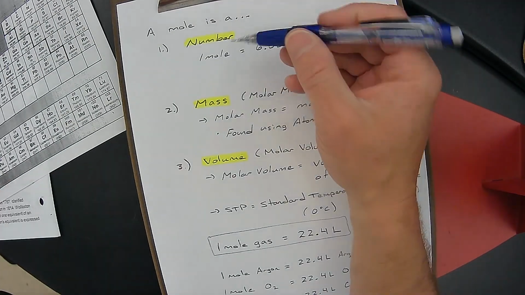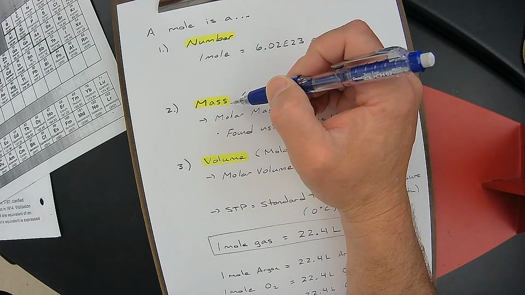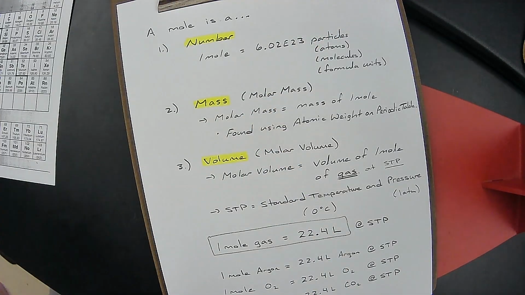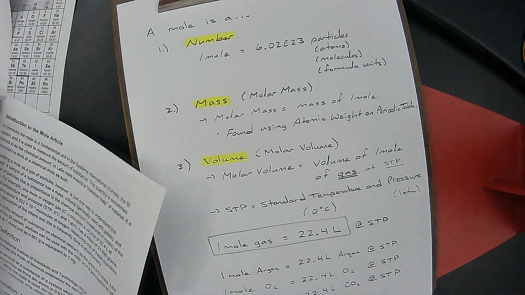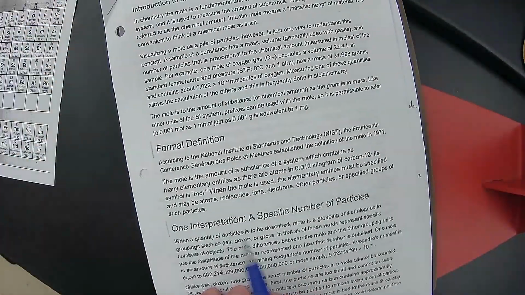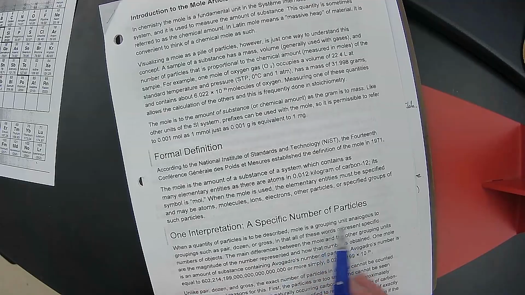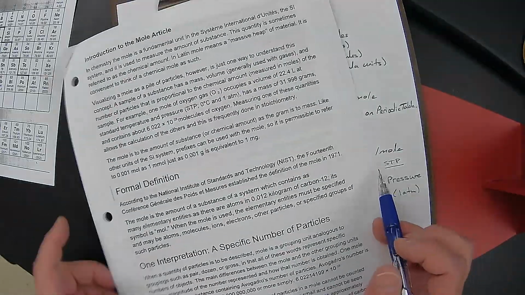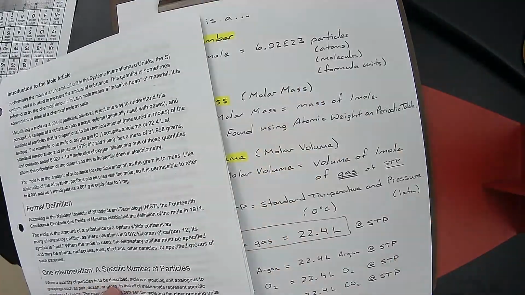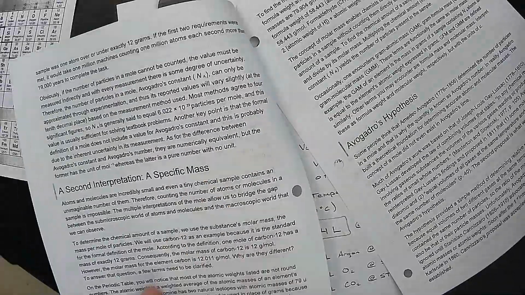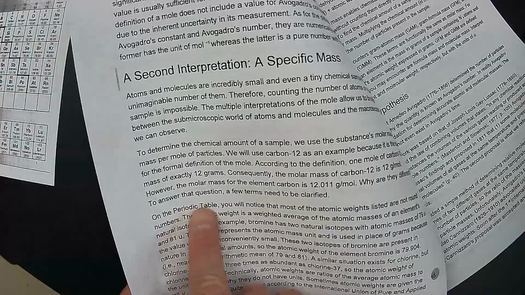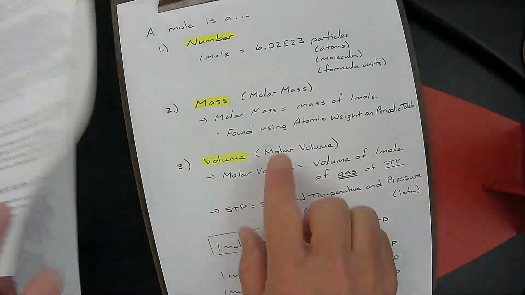So a mole is a number, it's also a mass, and it's also a volume. I like that this article that we had a chance to annotate goes through that. One interpretation, a specific number. What is that specific number? 6.02 e to the 23rd particles. It's also a specific mass. Where does that mass come from? It comes from the periodic table.